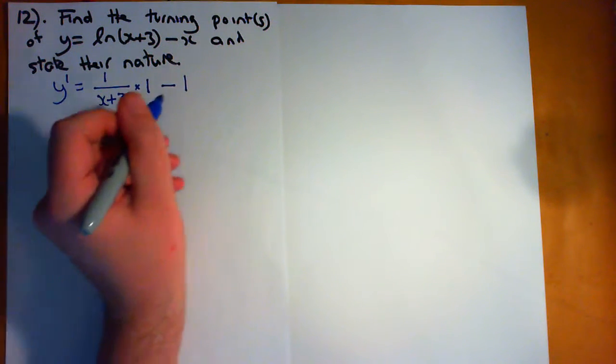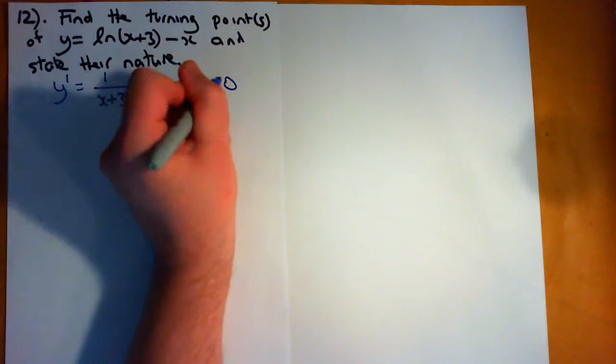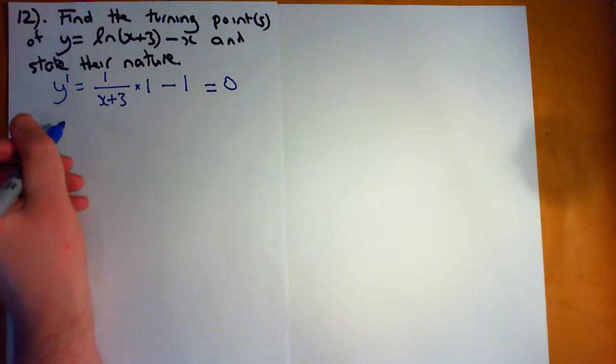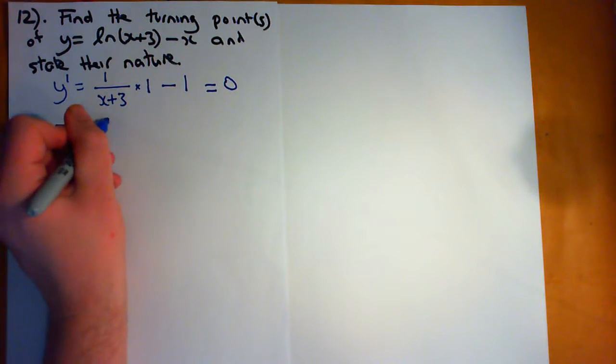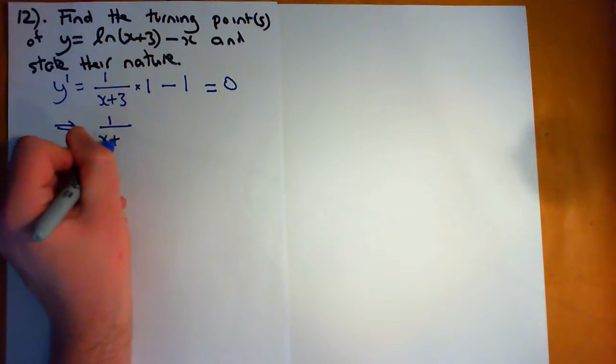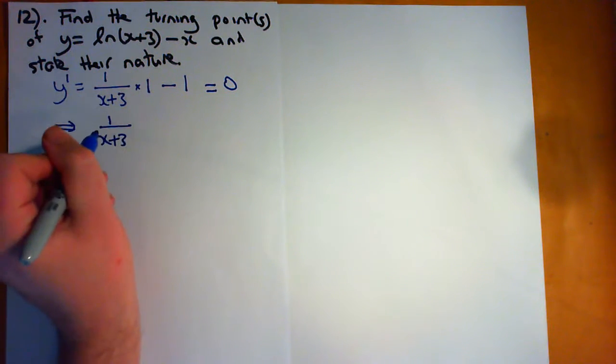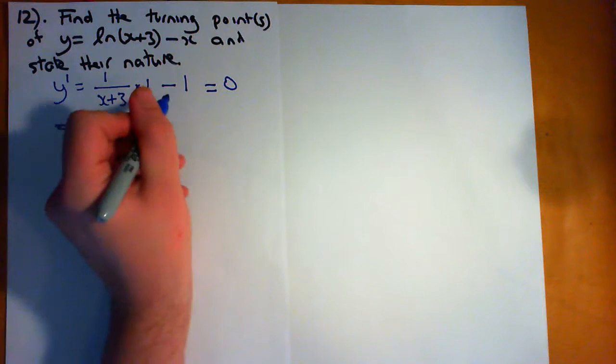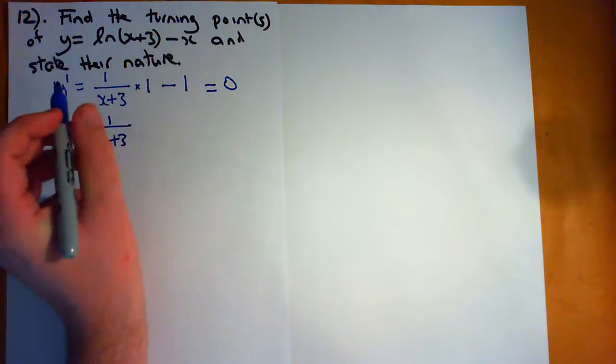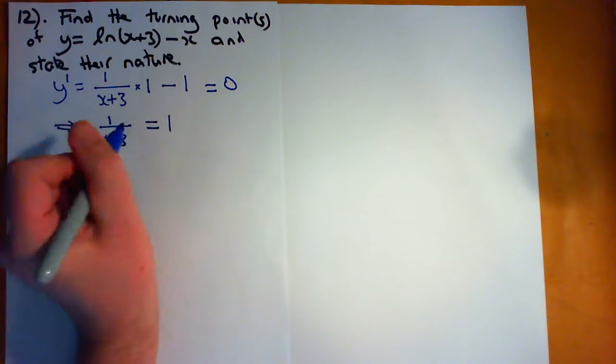Because we're finding turning points, we need to set that derivative equal to 0. So we've got 1 over (x plus 3) times 1, which is 1 over (x plus 3), minus 1. Let's move that to the other side, equals 1.